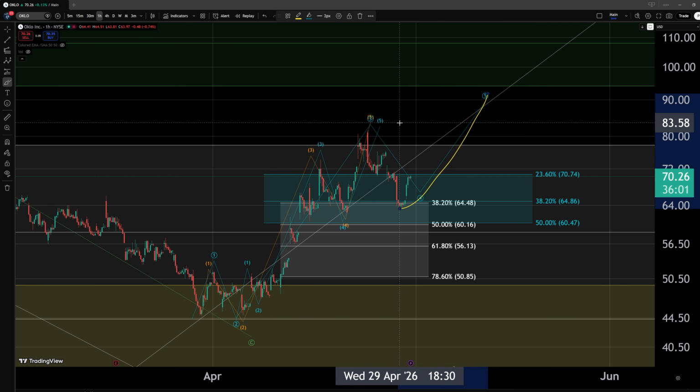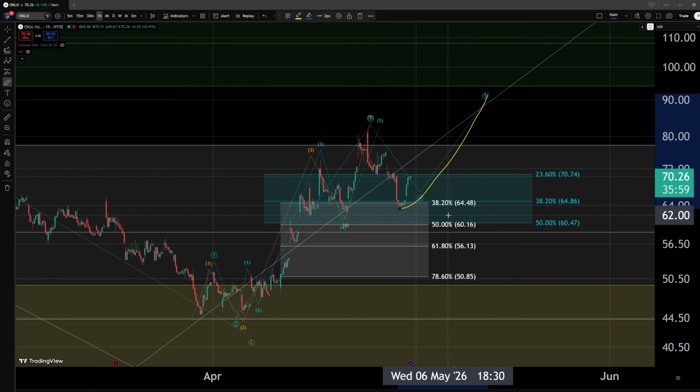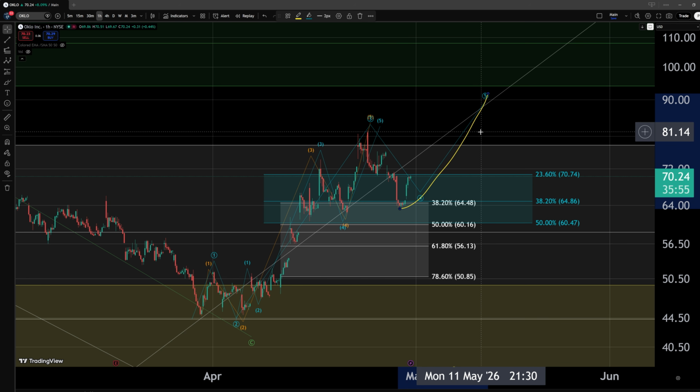Now, here's the thing, especially since we got within this white area of support and since they do overlap, we might not get another chance to enter within a wave 2. We wouldn't know at this point which of these two scenarios have taken place. So we might not get another opportunity.